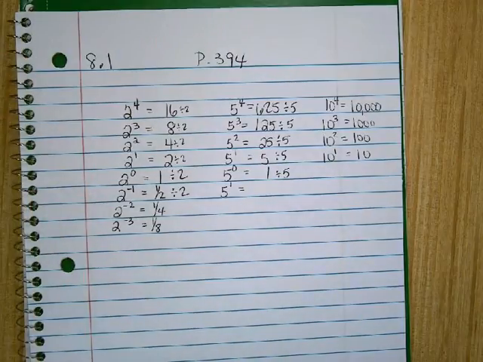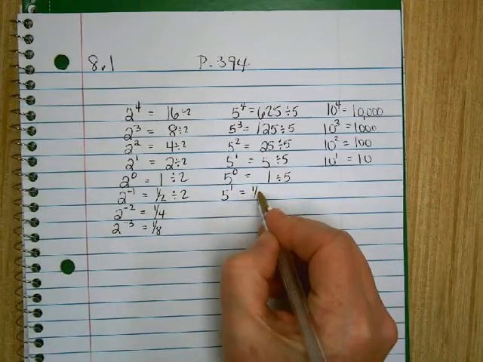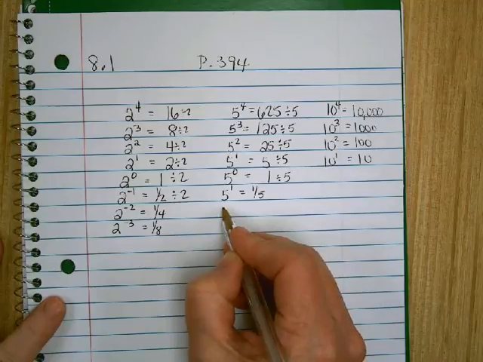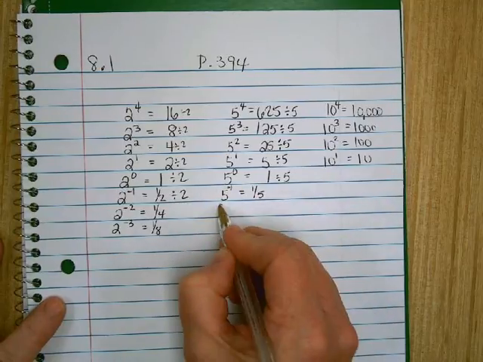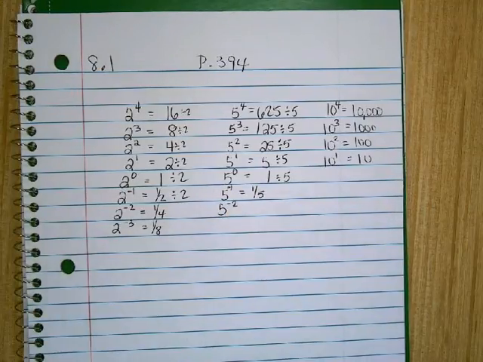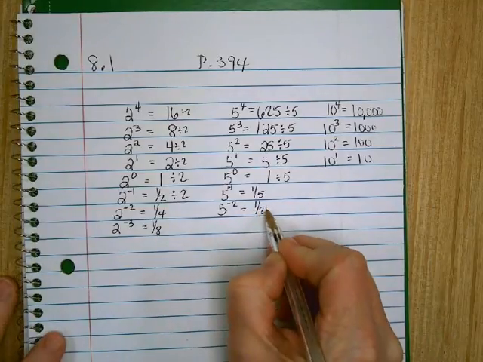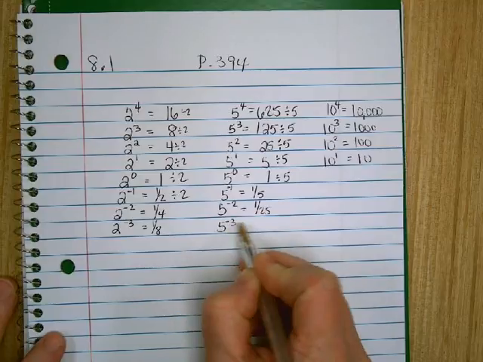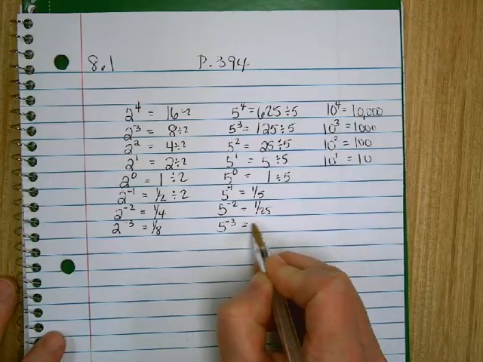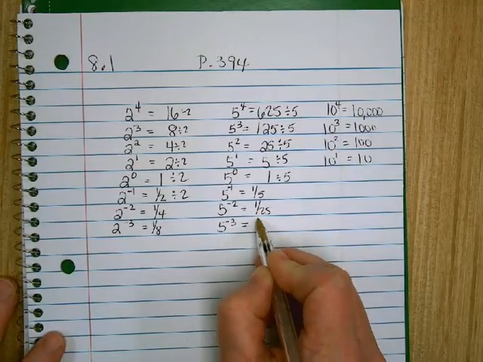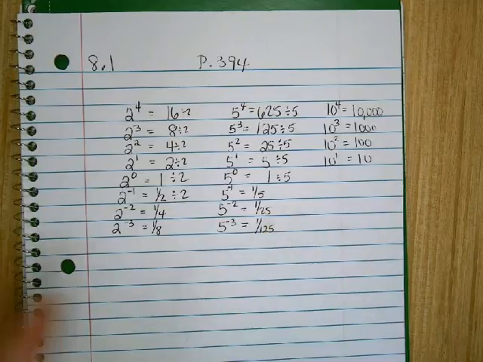You got to take 1 and divide it by 5, and what do you have when you do that? Okay. Yeah, -1 is what's happening. 5 to the -2. 5 to the -3. 1/125.